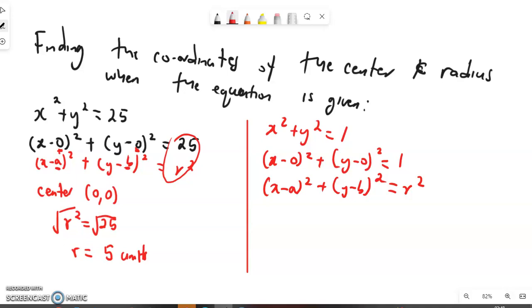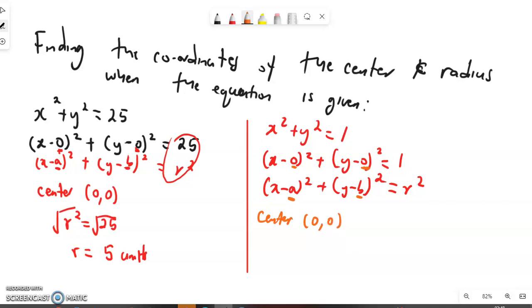Remember, a and b represent the coordinates of the center, so our a is 0, then b is 0, so the center is at (0, 0).